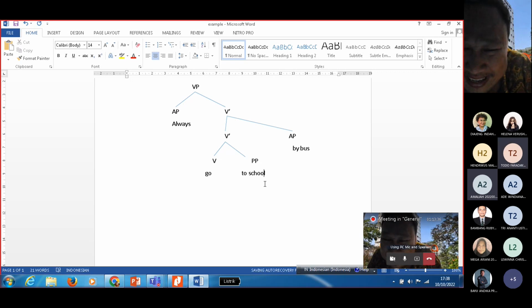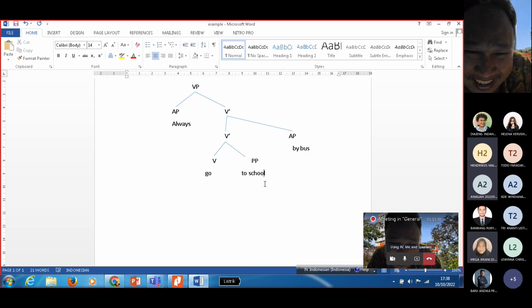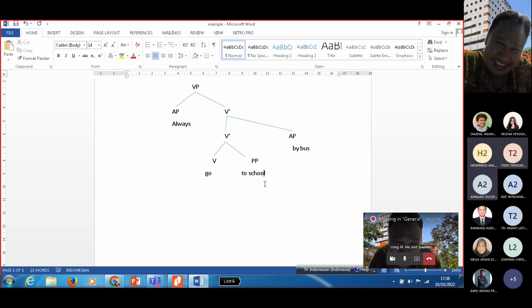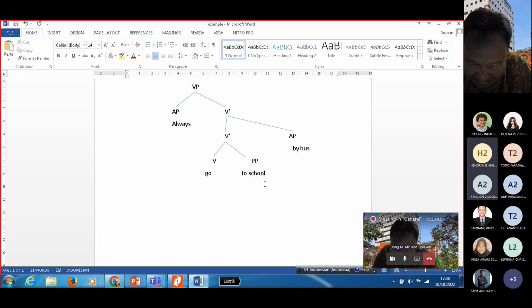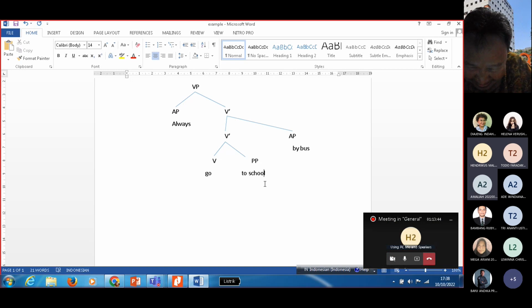Why do we have to study the phrase structure rule? Because the latest one, today's, is much more advanced.